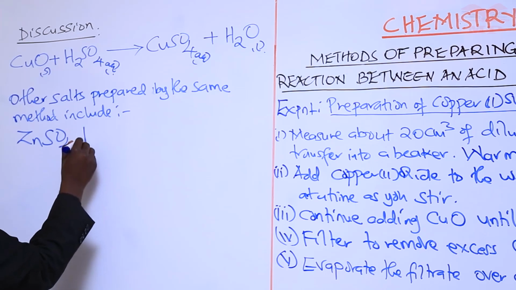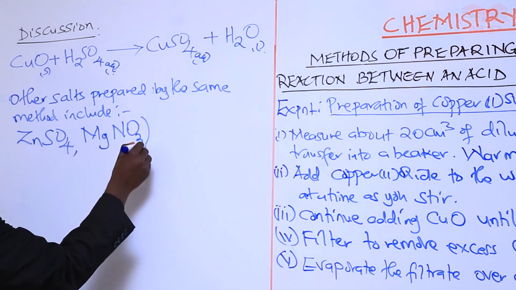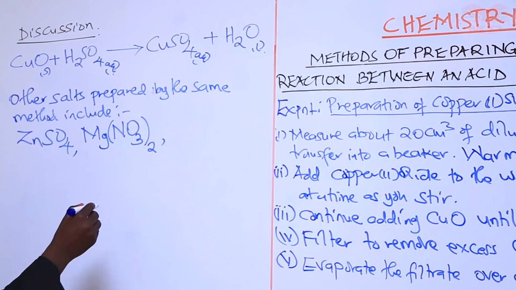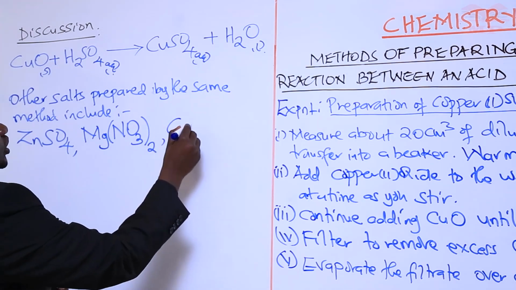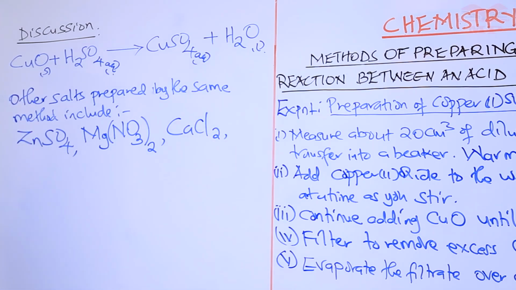We can have magnesium nitrate. Magnesium nitrate can also be produced by the same method. We can have calcium chloride. It can be produced using the same method of reaction between an acid and a metal oxide.